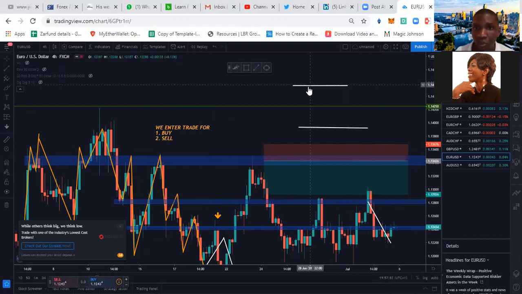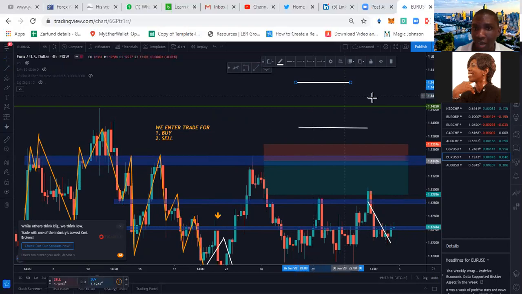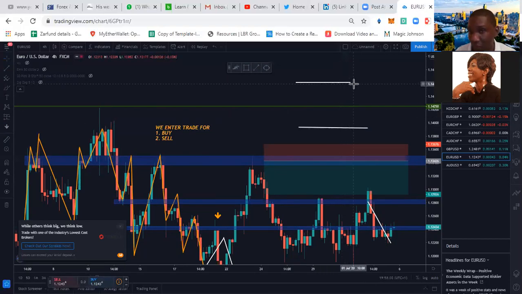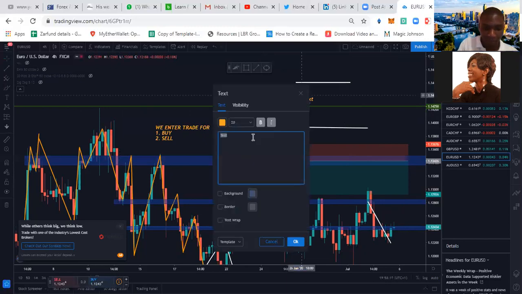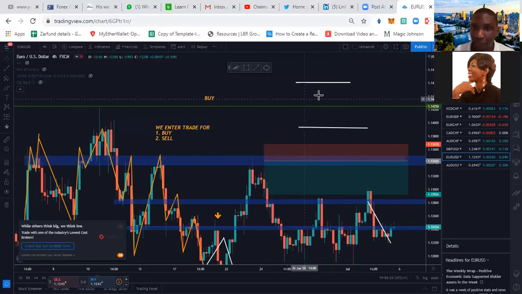So now, assuming you want to take 20 pips take profit and 20 pips stop loss, and this is for a buy. If you are buying, this is your take profit, this is your stop loss.